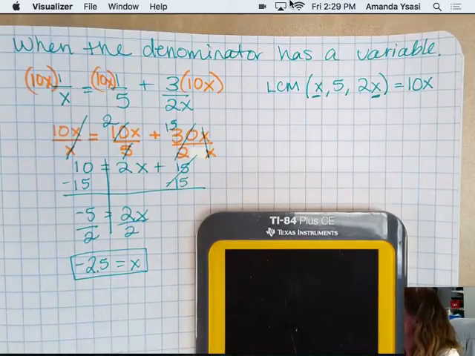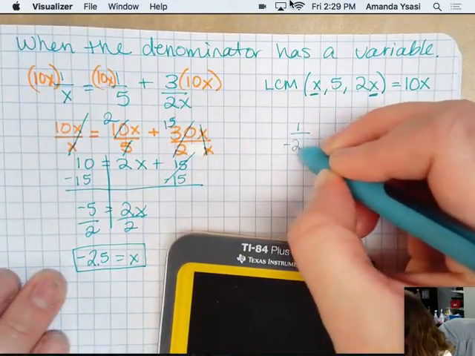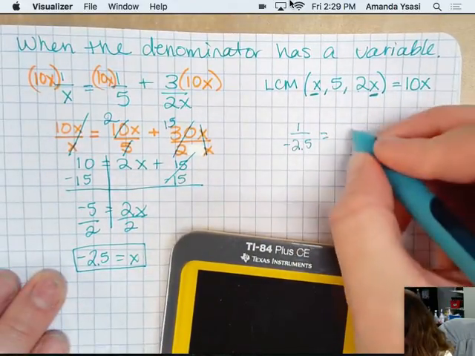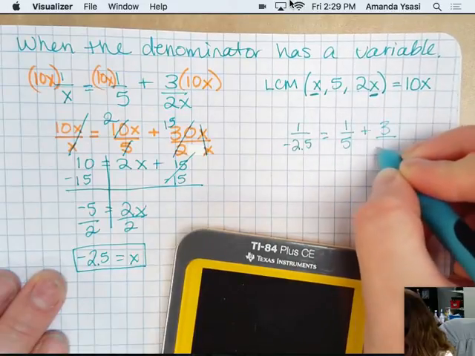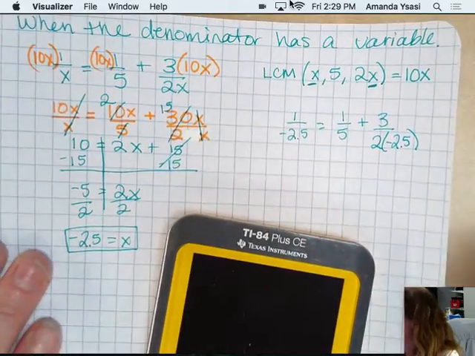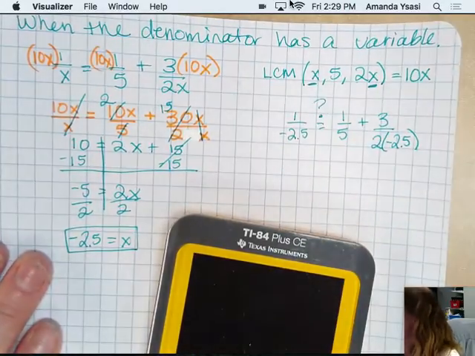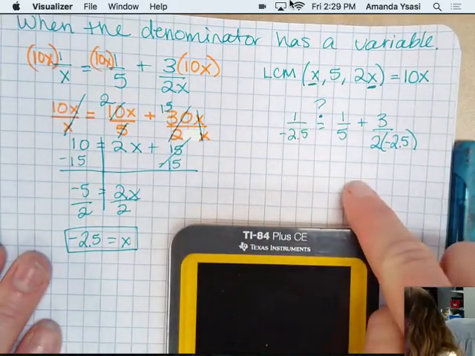Okay, so to check it, we would plug them in. So like 1 over negative 2.5 equals 1 over 5 plus 3 over 2 times negative 2.5, with a question mark above the equal sign. So this one's already solved on this side, so I just need to do this side.